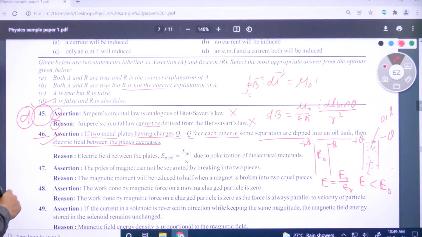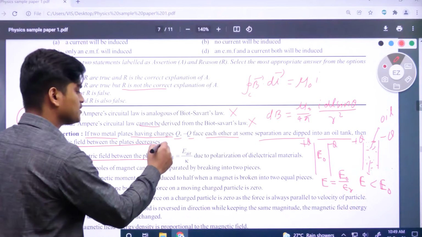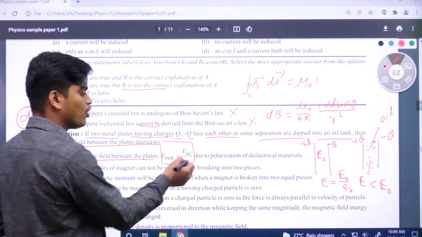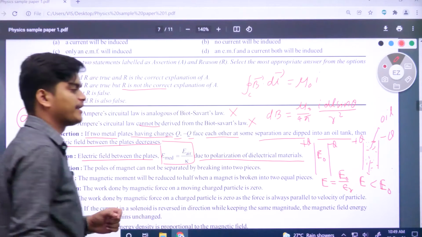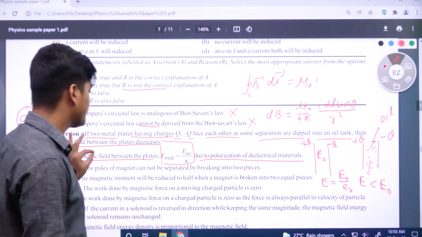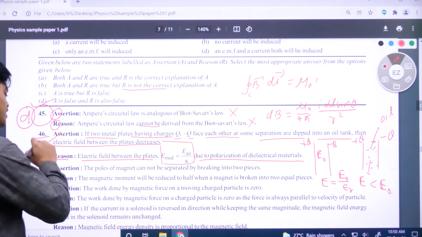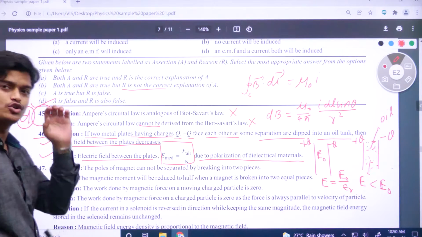Now the reason. In the reason they are telling that the electric field between the plates is written as E medium equal to E air by K, where K is the dielectric constant, due to polarization of the dielectric material. That means whatever explanation I gave, the same explanation they have given in the reason. So this reason is the correct explanation of the assertion, and both statements are true also.